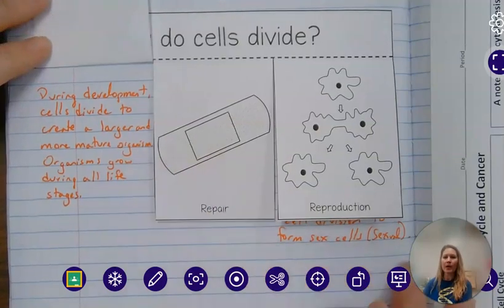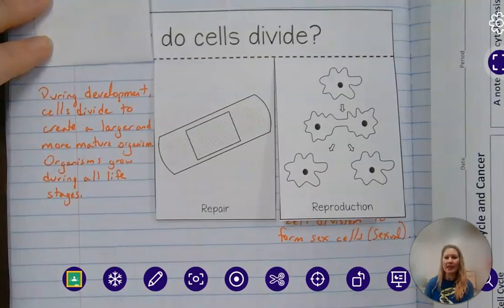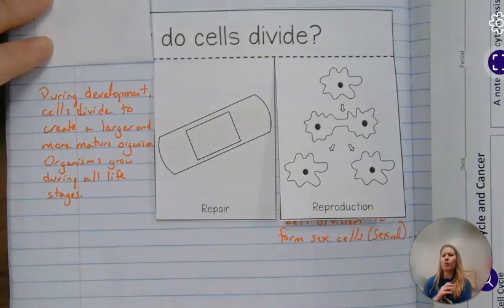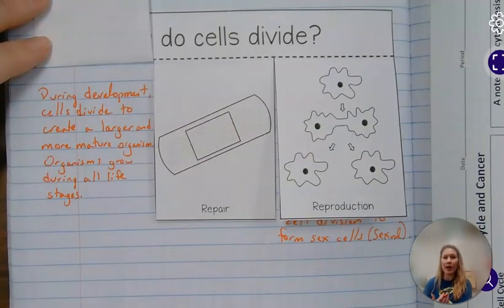So remember, one of our characteristics of all living things was that all living things grow and develop during their lifetime. In order for that growth and development to take place, we need cell division to provide those new cells.